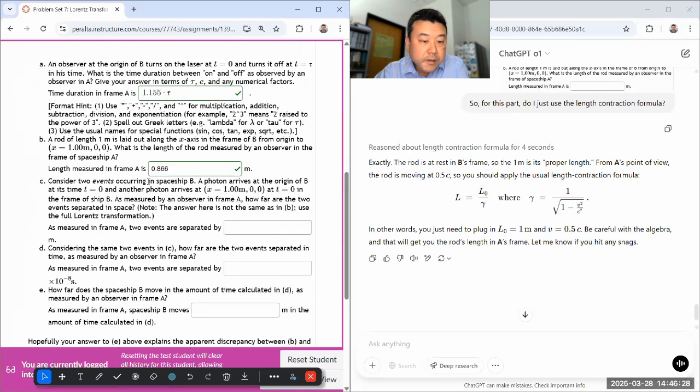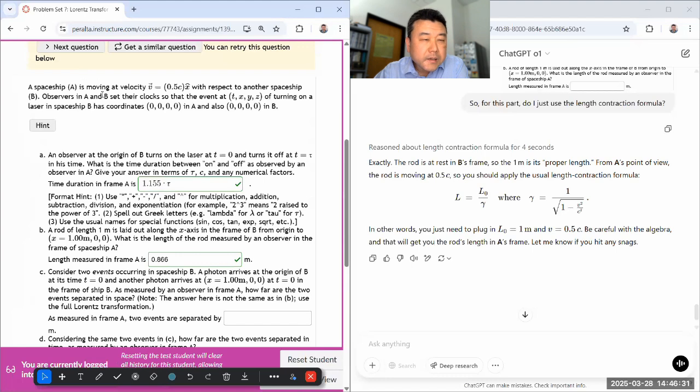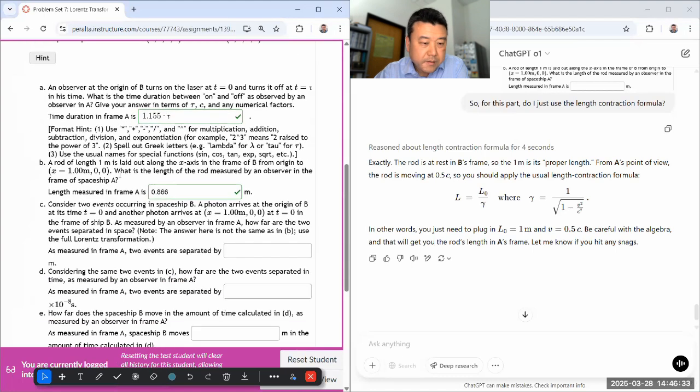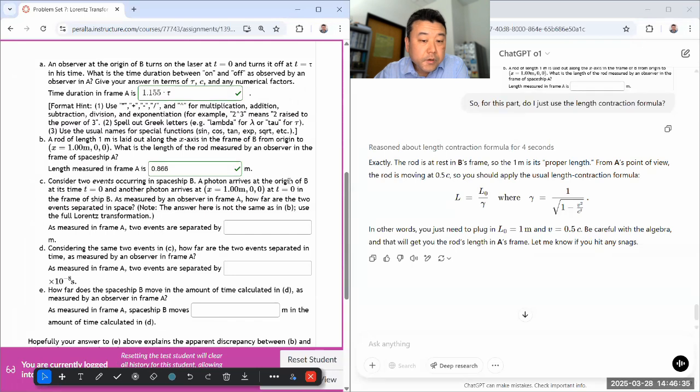Consider two events occurring in spaceship B. B is the one that's not moving. A photon arrives at the origin at time t equals 0, and another photon arrives simultaneously. As measured by observing frame A, how far are those two events separated in space? So here's a mistake that someone could make: not paying attention to this careful description and maybe thinking, A was a lot simpler than I thought it was.